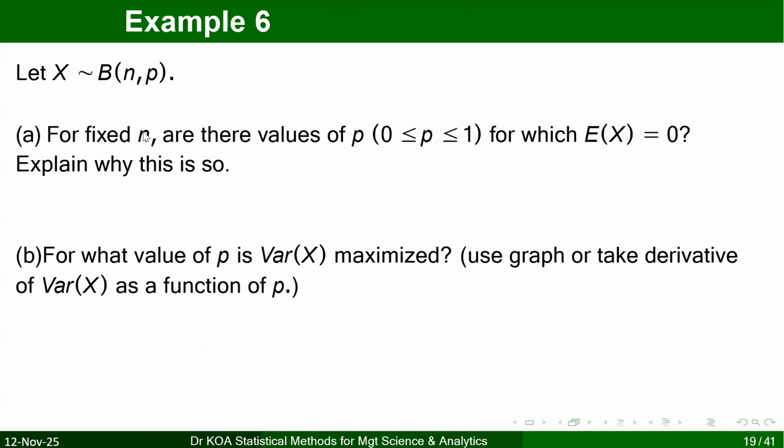If n is fixed, are there values of the probability between 0 and 1 inclusive, whereby the expected value of x equals 0? If they are, or if they are not, explain. Remember, I told you that this one is not a small boy. Are there values? Now, the first thing you have to do is to find the expected value of x. What is it?